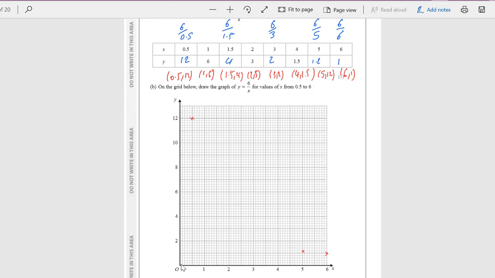Whereas here, the squares equate to 0.1. So we've got 1.1, 1.2, 1.3, 1.4, 1.5, 1.6, 1.7, 1.8, 1.9, and 2, and so forth. So just be wary of that. But anyway, suffice to say, you draw it out and then you connect the curve.